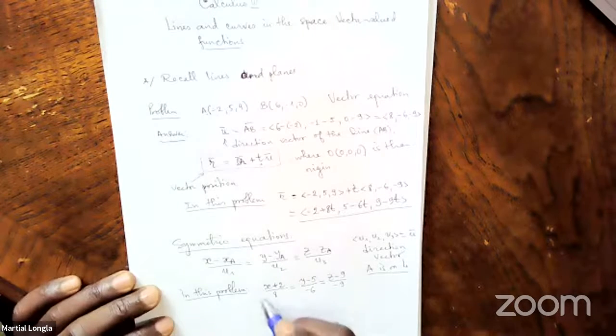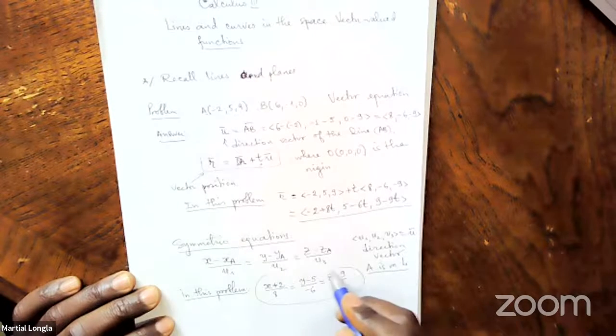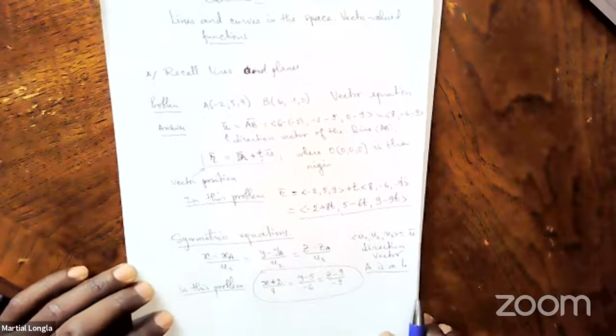So this is what you call symmetric equations of a line.